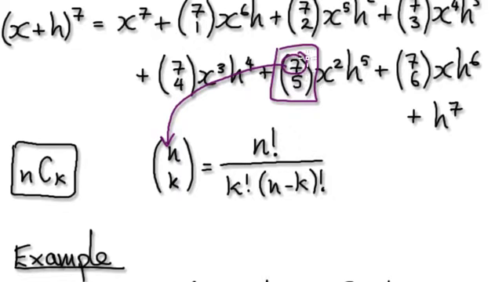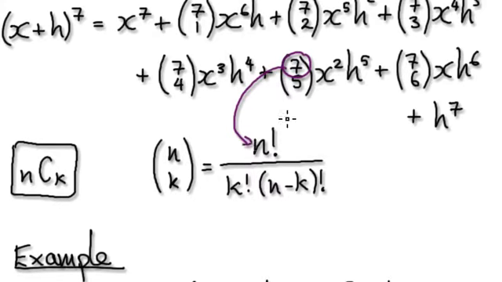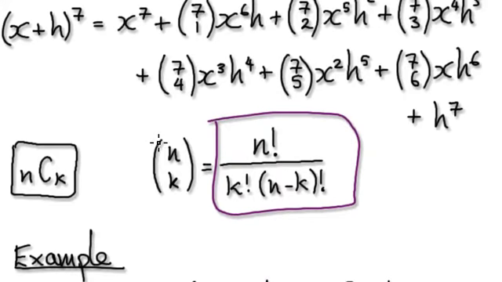So for 7 choose 5, 7 would be your n, and 5 here would be your k. You would put the 7 into here, and the 5 into the k here, and just follow this formula. But rather than you having to do it, the calculator would do it for you by using this button here.